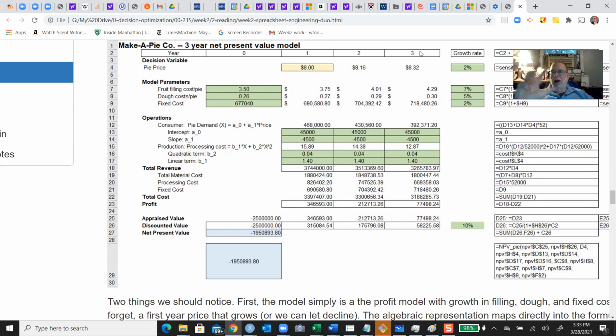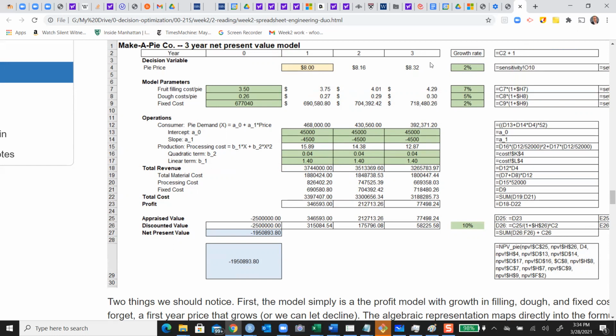You could flip this around and have the time periods going down as rows, and all of these decision variable model parameters and everything else going across in columns. It's up to you. It's whatever works, and really whatever works for the client or your analysis team.